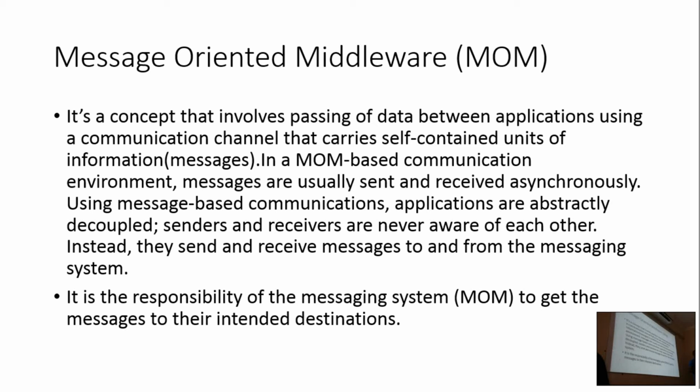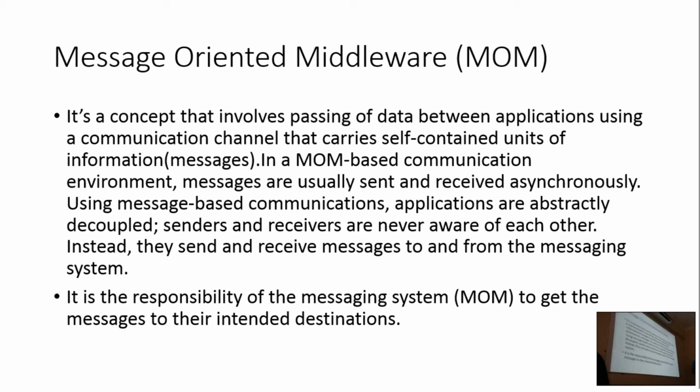That's it. Because of this kind of architecture, the advantages are that the sender and the receiver are never aware of each other. They don't even need to know about that. Another thing is that the sender and the receiver don't need to be online at the same time. They send and receive messages to and from the messaging system.